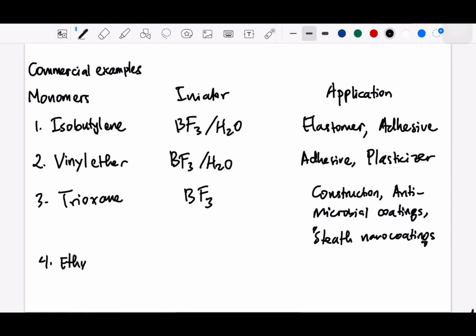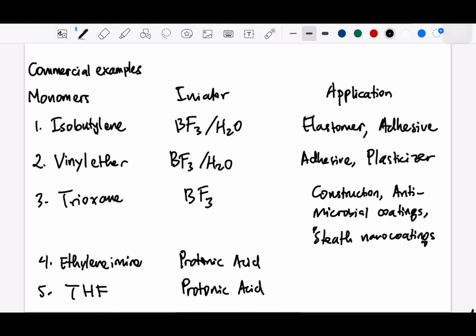This is ethylene imine, with protonic acid. Also THF. THF is tetrahydrofuran. It's usually a solvent, a non-polar solvent. This is a paper additive. This is a plasticizer, usually for polyurethane and polyethylene elastomer.